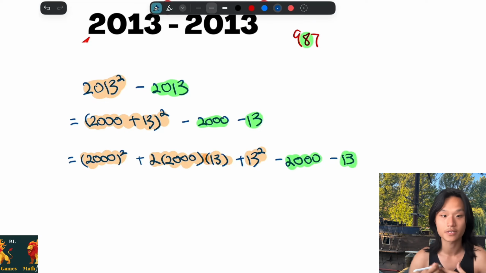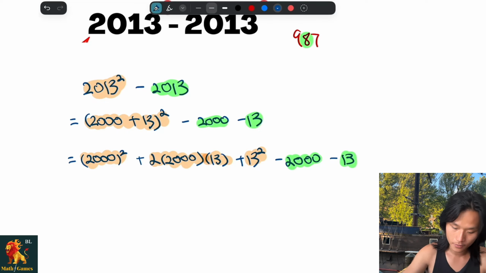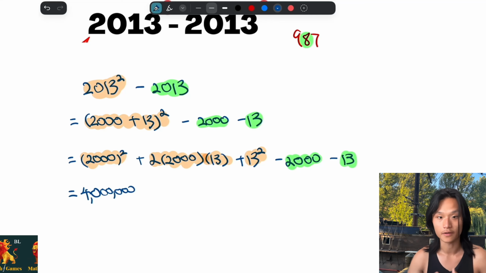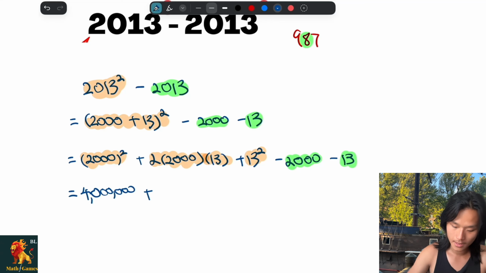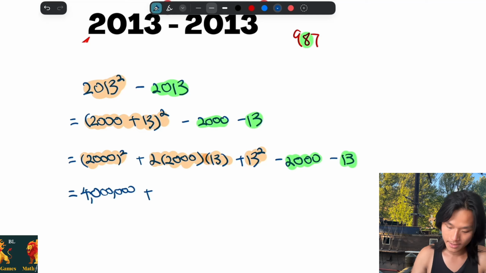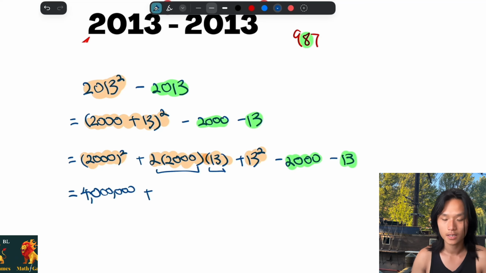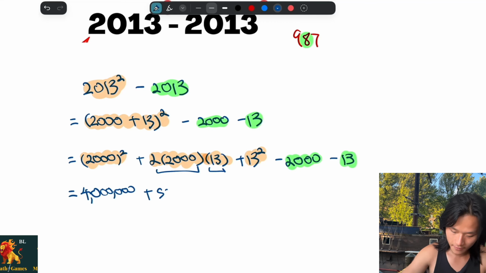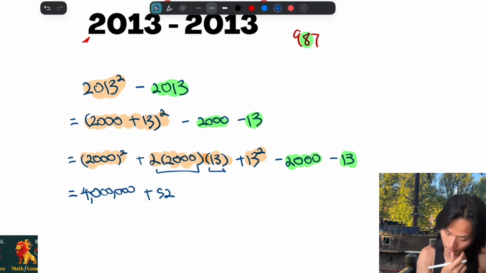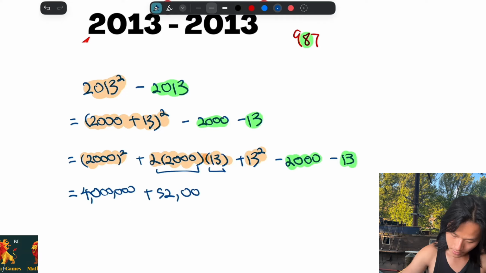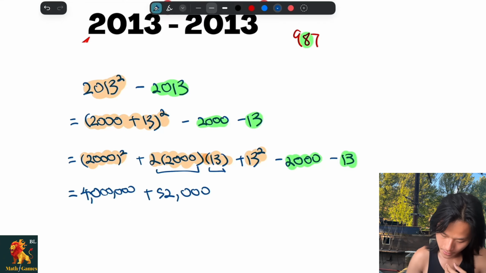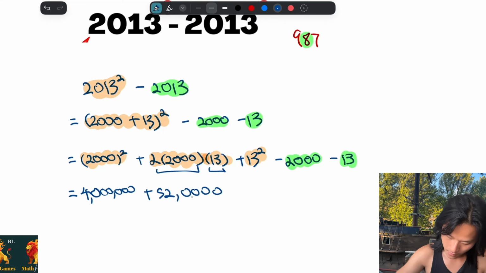So 2000 squared, we get 2000 times 2000, so we get 4, and we have 6 zeros in the back. Okay, this is a very big number. And here we have 2 times 2000, so 4000 times 13, which is 52000, and then we add one more 0.